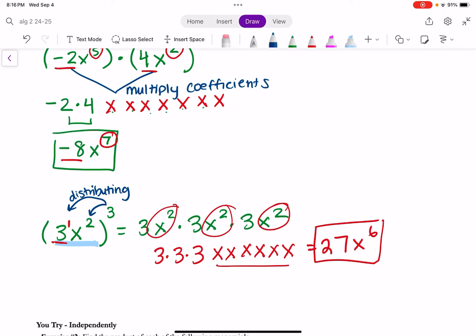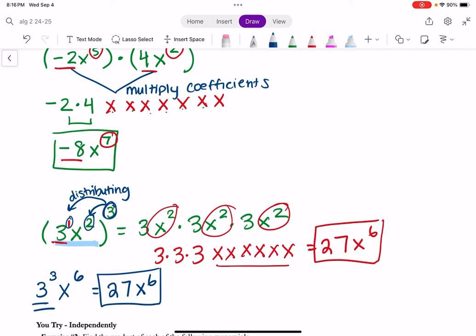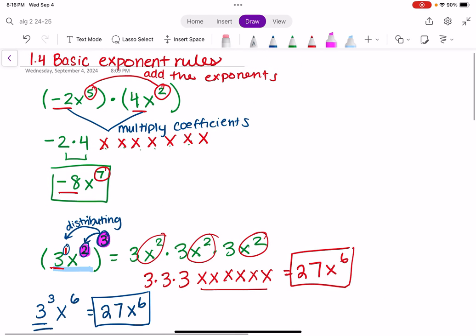So this is essentially saying, well, 3 to the power of 1 times 3 is 3. And then x to the power of, well, 2 times 3 is 6. And if you put this in your calculator, you will get 27. So again, you get the same answer, 27x to the 6th. Okay, so again, when you have a power to a power, that's what this is called, because you have the power and it's to another power, you multiply, versus the other one where you add.